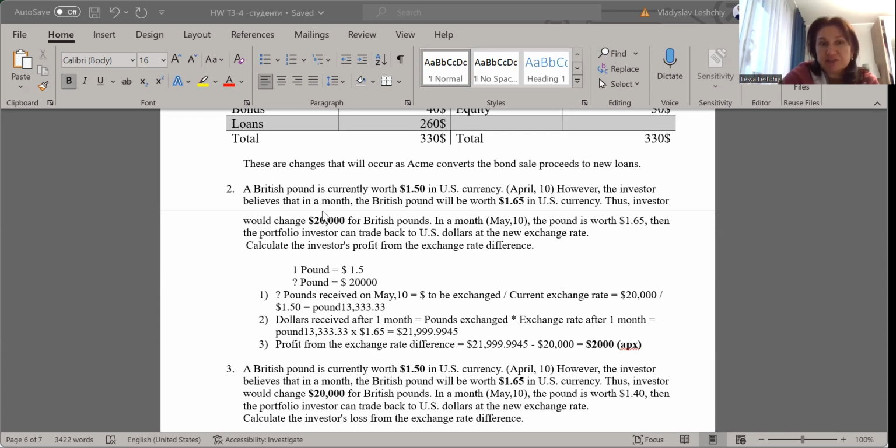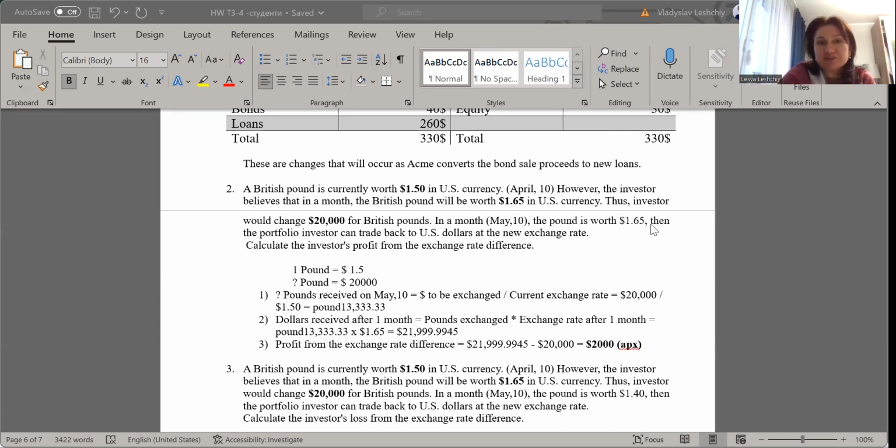However, the investor believed that in a month a British pound will be worth 1.65 in US currency. We know that situation is very common, that a lot of people have expectations that there are some changes in currency.